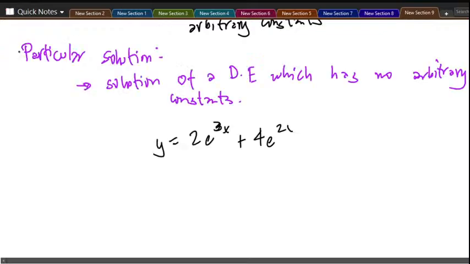Then we will go to the concept of arbitrary constants.